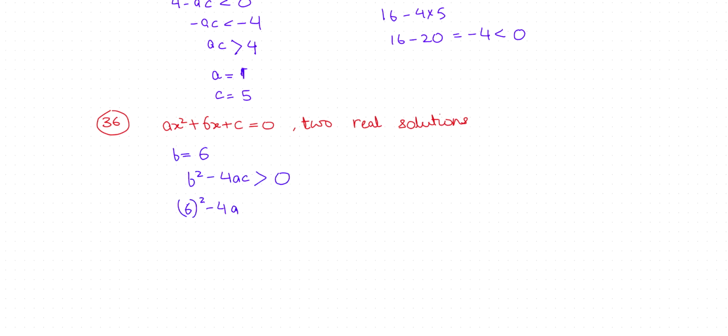So this is 36 minus 4ac is greater than 0. So 4 we will factor out.